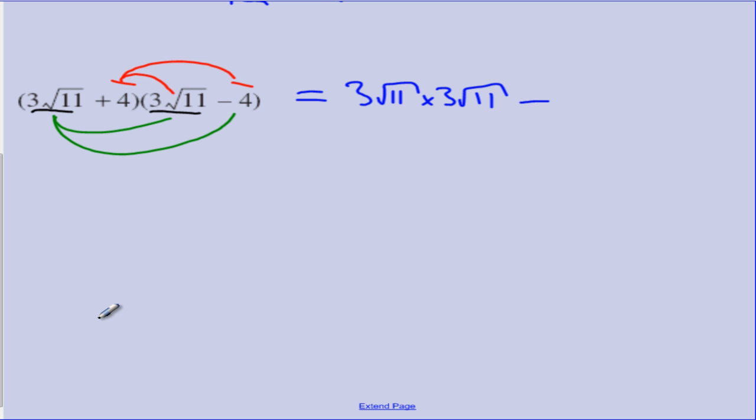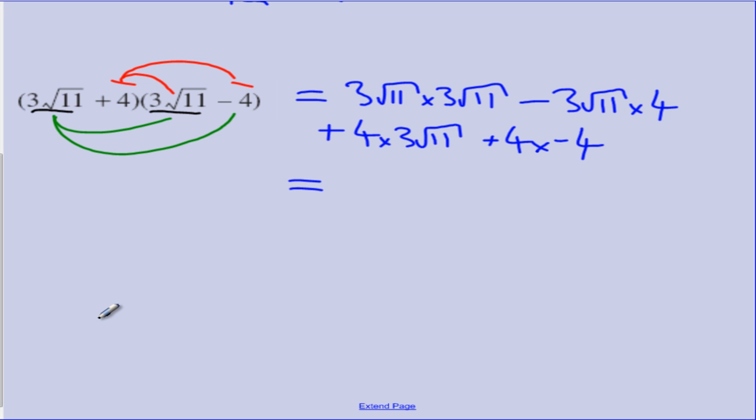That's going to give us a minus sign. 3 root 11 times the 4. Now remember, it's not negative 4 because I've taken account of that and put the minus sign out the front. Okay, plus. Now little red rainbow is 4 times 3 root 11. Big red rainbow is 4 times negative 4. Now I write negative 4 this time because I wrote a plus sign and I didn't account for it straight away.